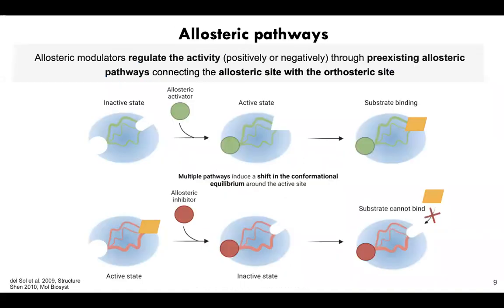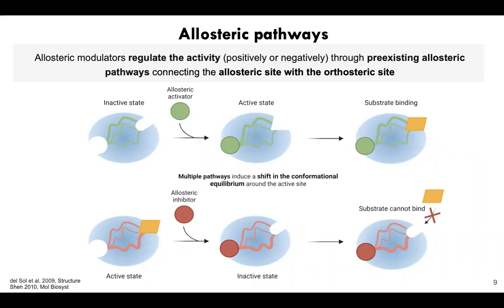In this framework, we can consider that allosteric modulators regulate activity through pre-existing allosteric pathways. So all these connections of amino acids that can regulate the allosteric site from a distance could be pre-existing.